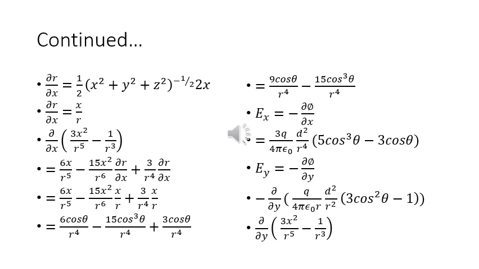Similarly, Ey will be equal to minus ∂φ by ∂y, which is minus ∂ by ∂y of q upon 4π epsilon naught r d² upon r² (3 cos²θ minus 1).